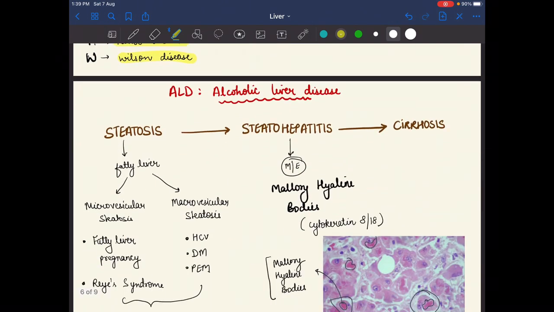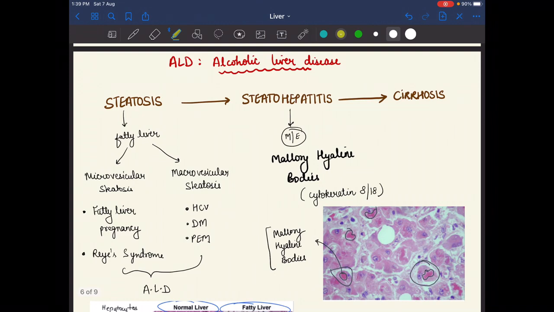Now next is alcoholic liver disease. What are the stages in alcoholic liver disease? Due to alcohol, there is fatty liver, and fatty liver may be microvesicular steatosis or macrovesicular steatosis. Fatty liver is known as steatosis. Micro is seen in fatty liver of pregnancy and Reye's syndrome.